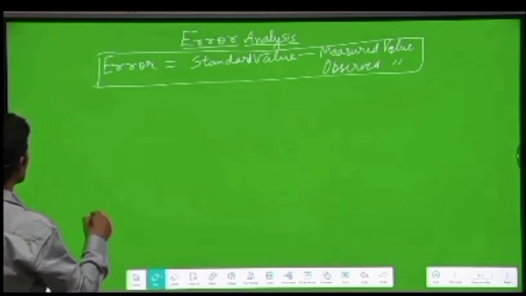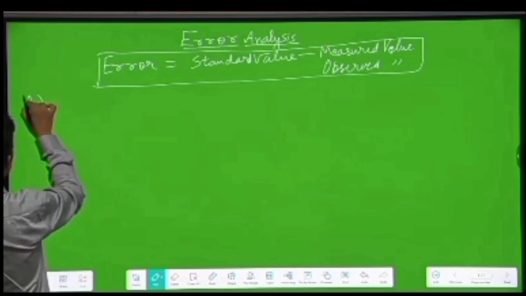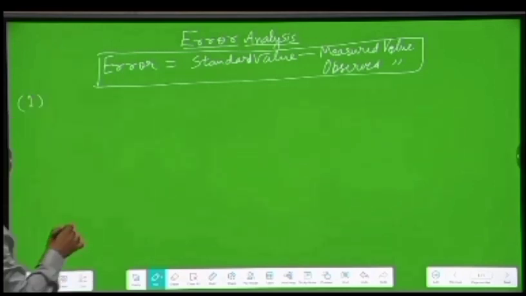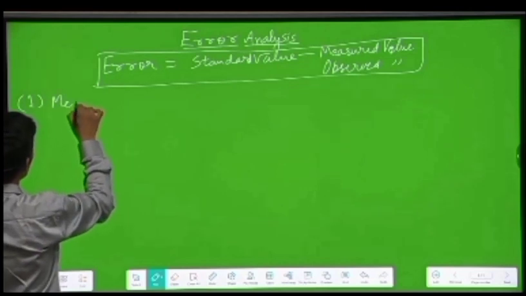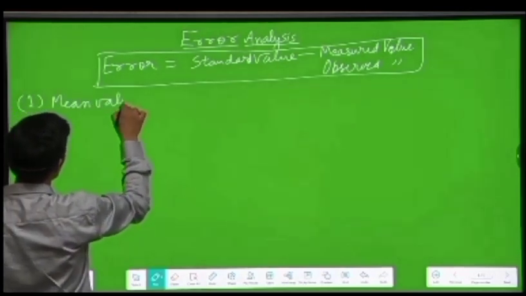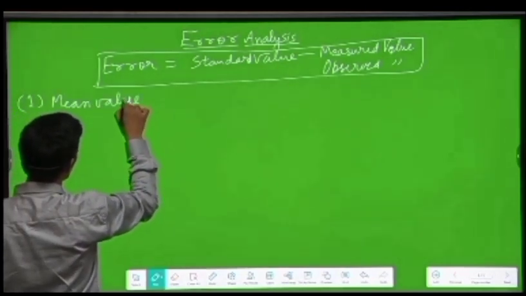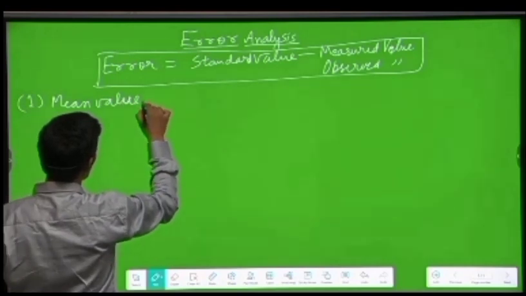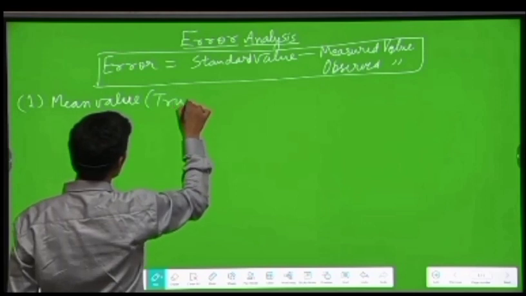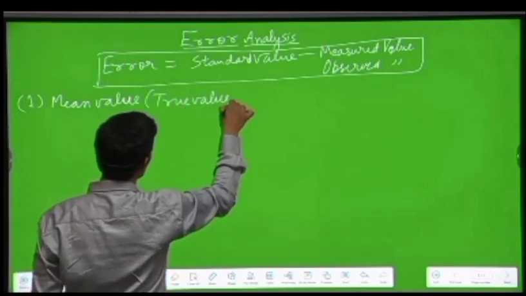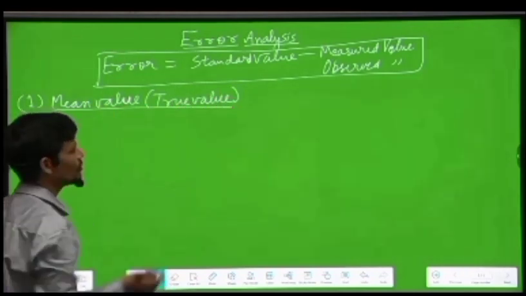Okay, so the first step is that we are interested in finding the mean value, which we will call later on the true value of the measurement, or mean value of the measurement.